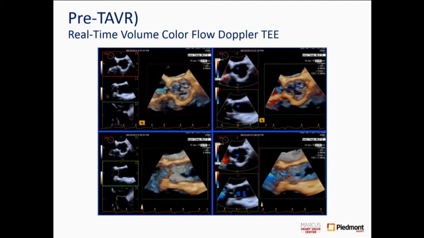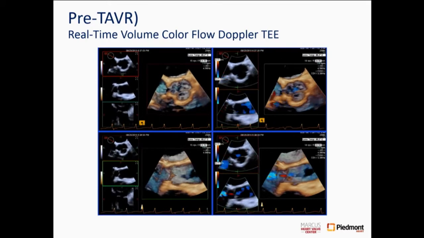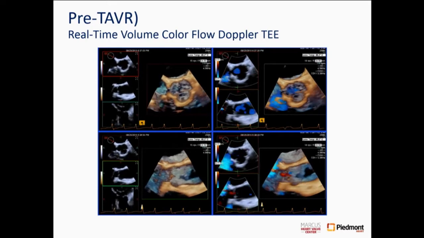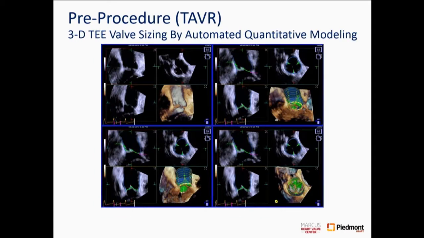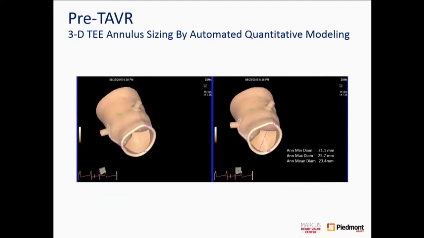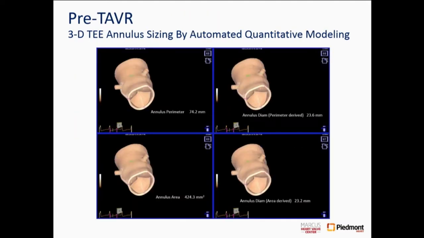This is the 3D TEE, short axis and long axis, with and without color, showing aortic regurgitation. And you can model that valve just like that: you take the mid-systole, do this in a still frame quickly, and then obtain the minimum, maximum and mean diameter and the perimeter and perimeter derived and area derived.